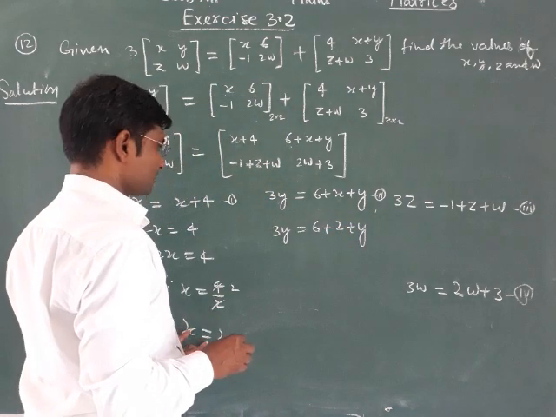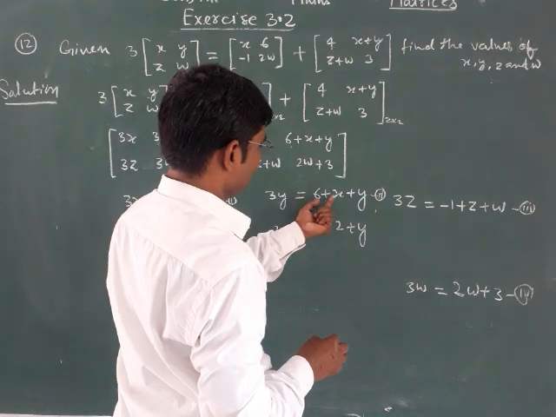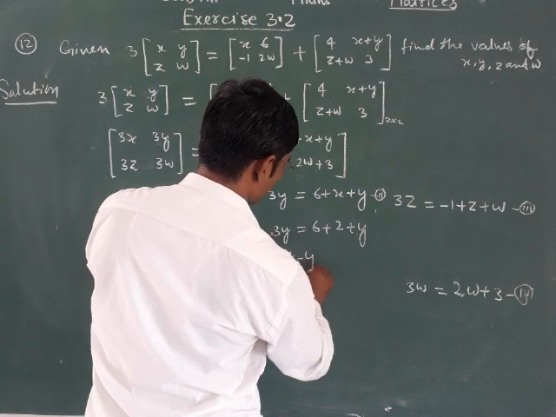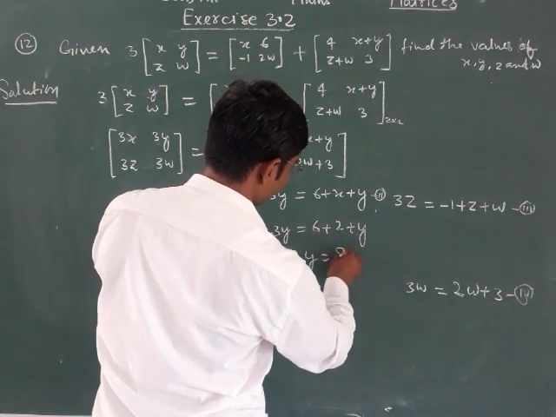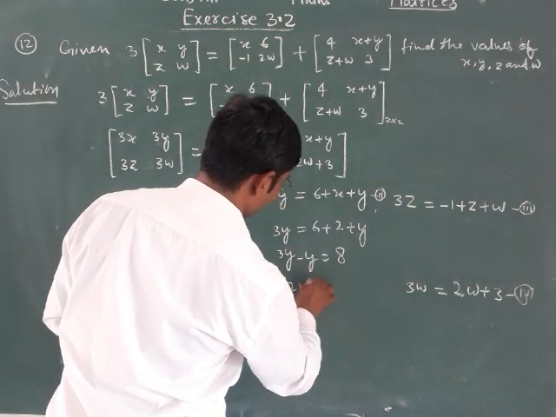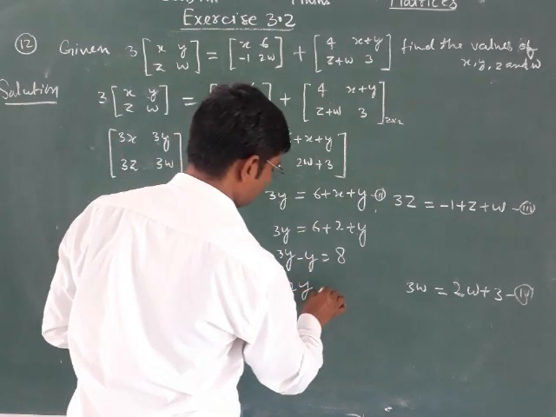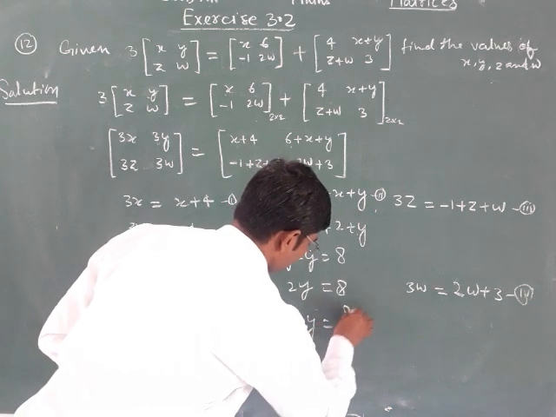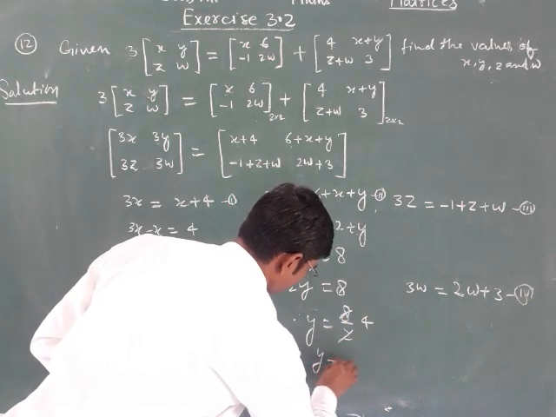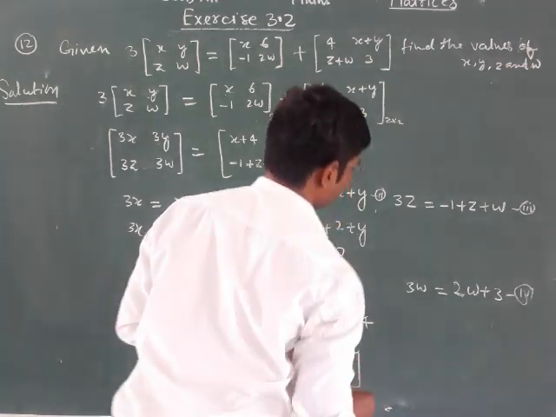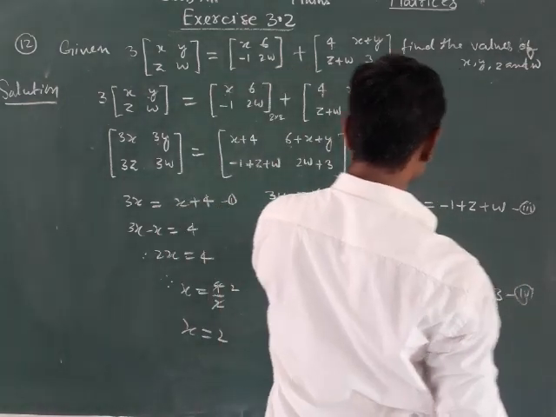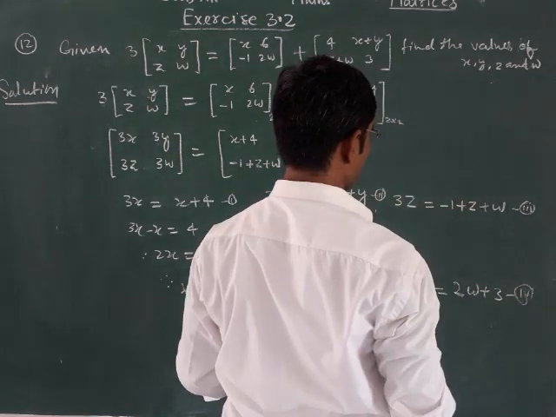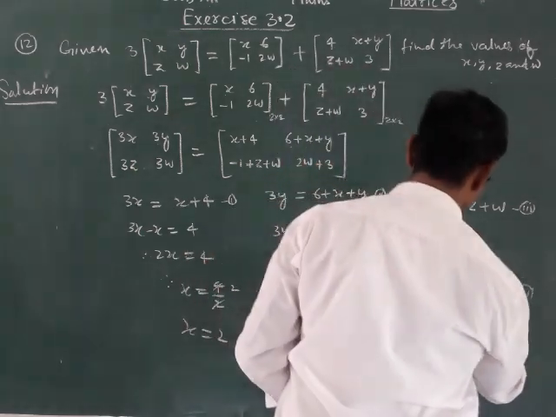So 3y minus y is equal to 6 plus 2, which is 8. So 2y is equal to 8. Therefore y is equal to 8 upon 2, which is 4. So y is equal to 4.